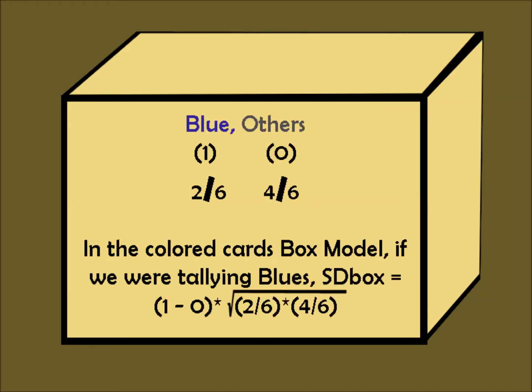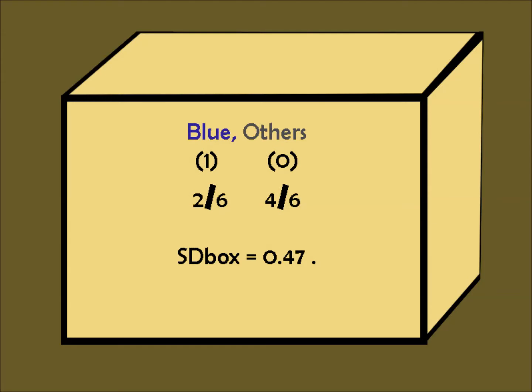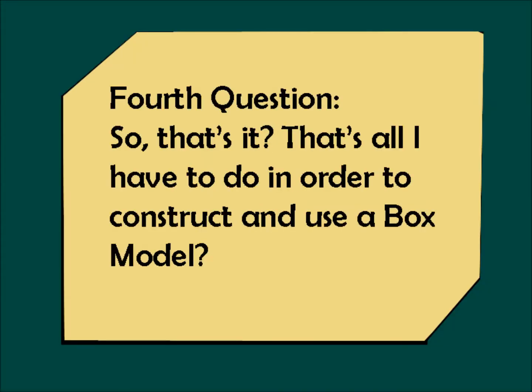If we were to address the colored cards in the hat situation, and if we were tallying blues for that, then the SD box would be 1 minus 0 times the square root of 2/6 times 4/6. And that's an SD box of 0.47.